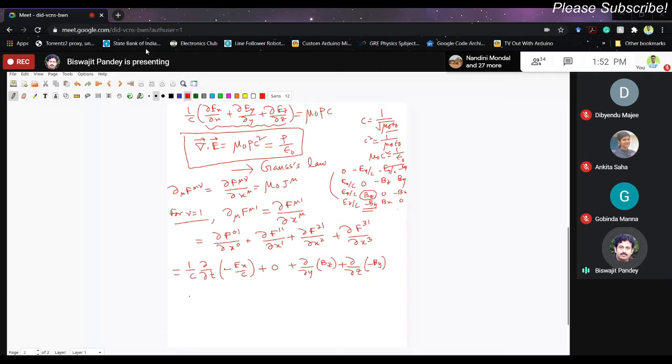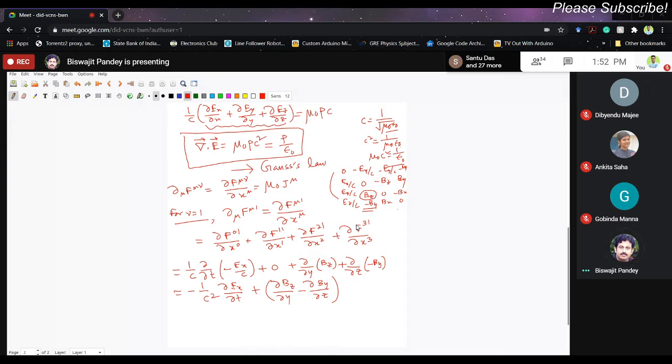Then if you arrange them, what do you see? Minus 1 over c square del Ex del t. Then I write del Bz del y minus del By del z, right? And this should be equal to mu 0 times J nu.